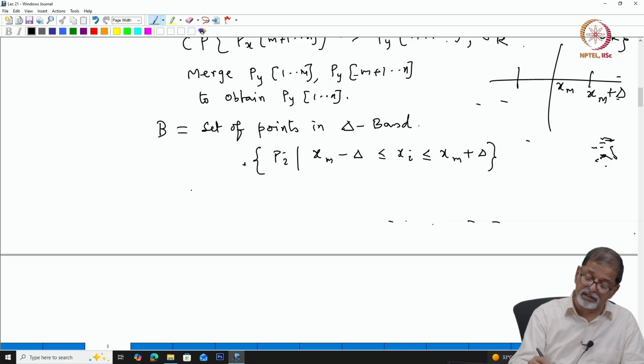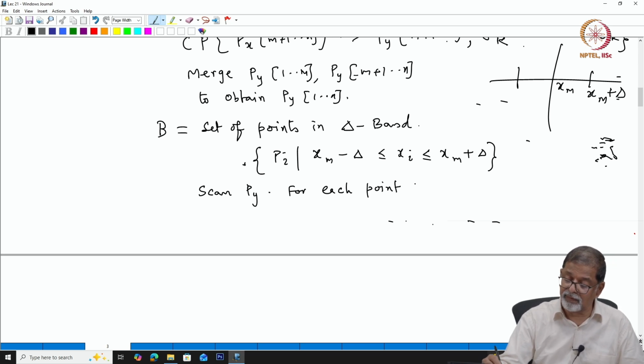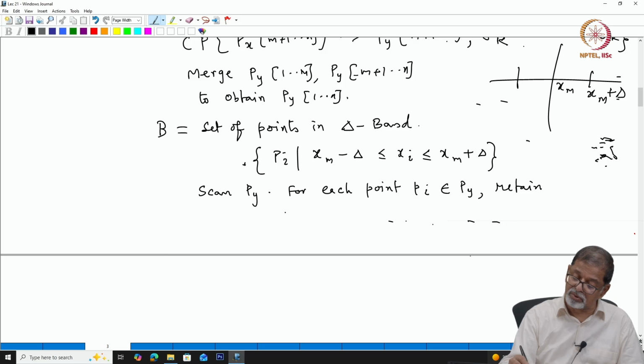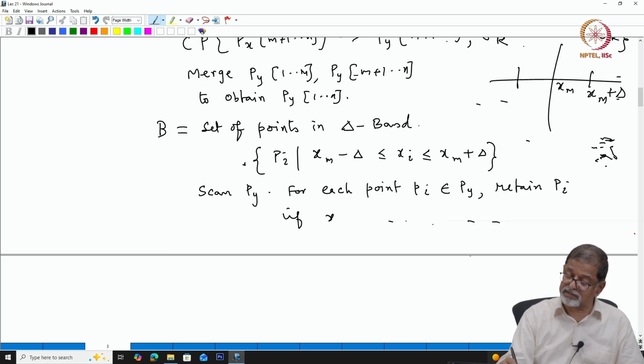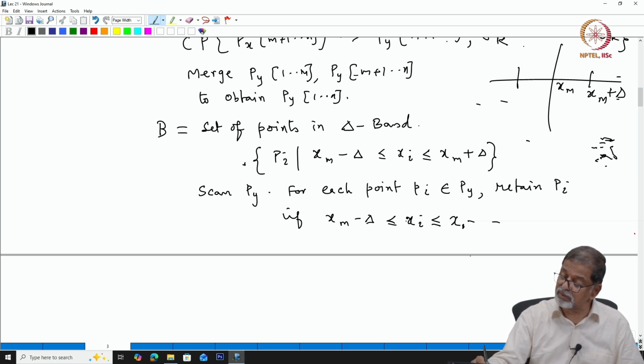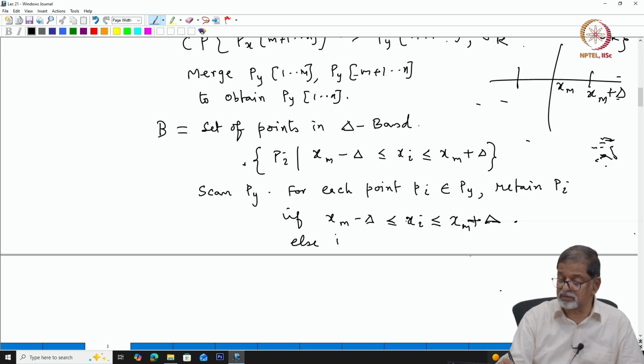So we do this scan of Py: for each point Pi belonging to Py, retain Pi if xm minus delta is less than or equal to its x coordinate xi, which is less than or equal to xm plus delta. Otherwise, ignore it, delete it.